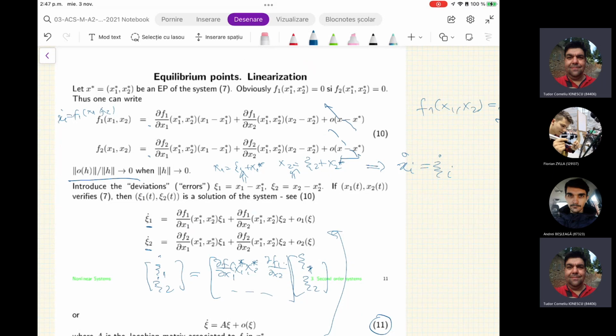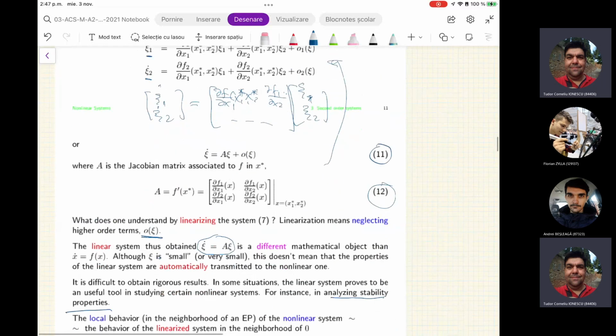Linearizing around some desired equilibrium point yields a system of the errors, the dynamics of the very small deviations, and that's system number 11, where O of psi represents the higher order terms to be neglected, and you get this object psi dot is A psi. Again, this object is different from the original system.